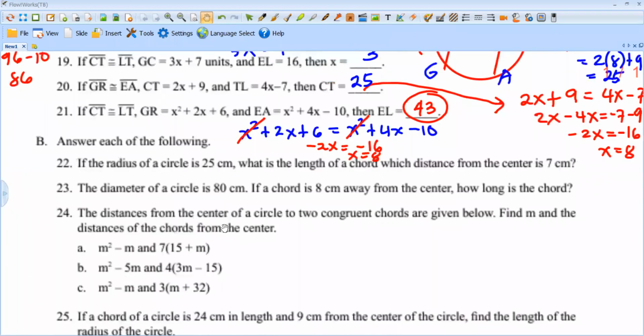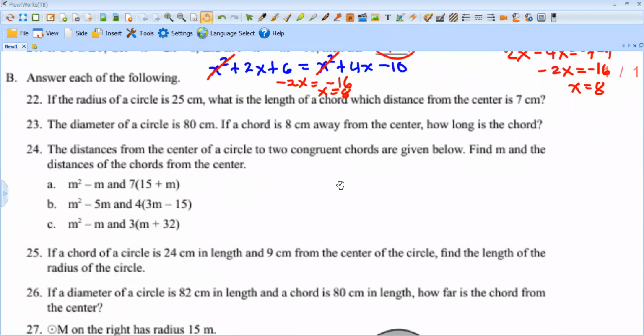Okay, anyway. If the radius of a circle is 25 centimeters, what is the length of a chord whose distance from the center is 7 centimeters? Okay, let us see. So we have this 7 centimeters, right?